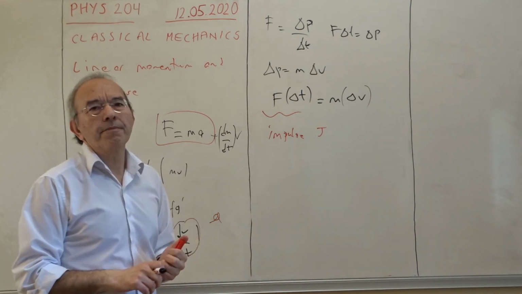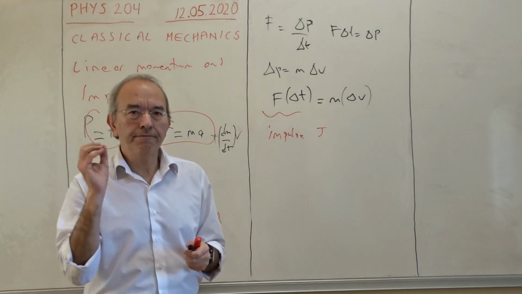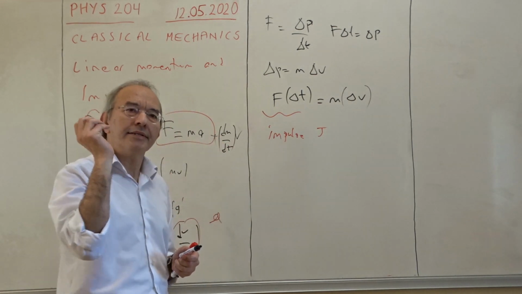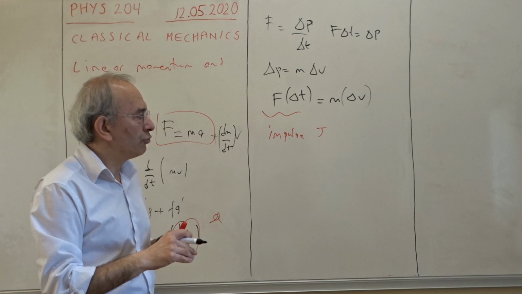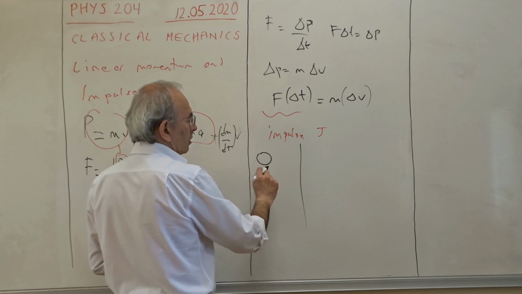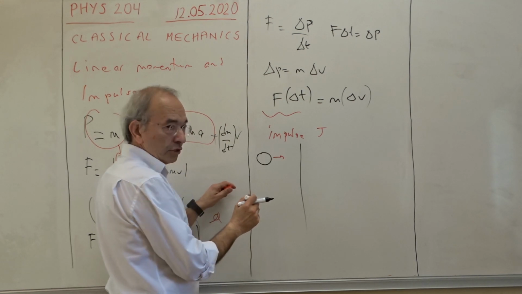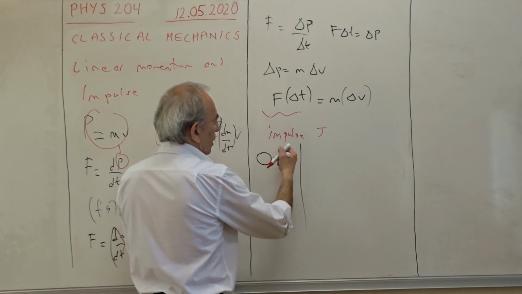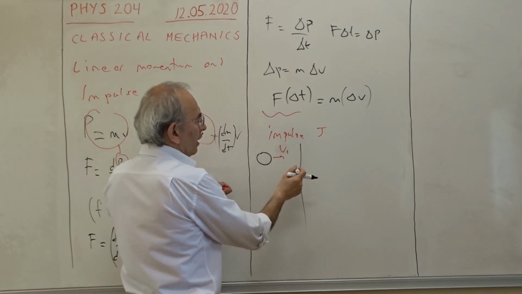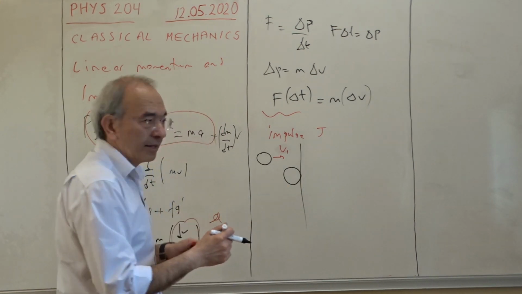So we can find the impulse of an object maybe hitting a surface, hitting another object, for example. If you take a ball and send it to a wall, let's say this is the wall, and we have a certain spherical object, a ball for instance, moving at the beginning with such a velocity vector, let me call it V1. When it comes here, this is a kind of slow motion analysis.